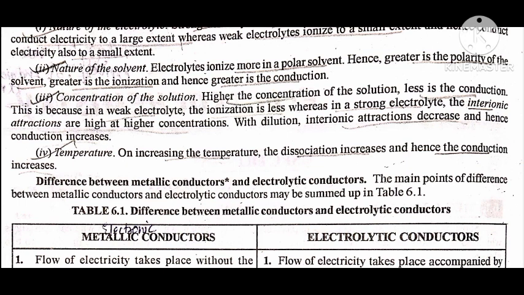Third is concentration of the solution, higher the concentration of the solution, less is the conduction. This is because in a weak electrolyte the ionization is less, whereas in a strong electrolyte the inter-ionic attractions are high at higher concentrations. With dilution, inter-ionic attractions decrease and hence conduction increases. Temperature, on increasing the temperature, dissociation increases and hence the conduction increases.